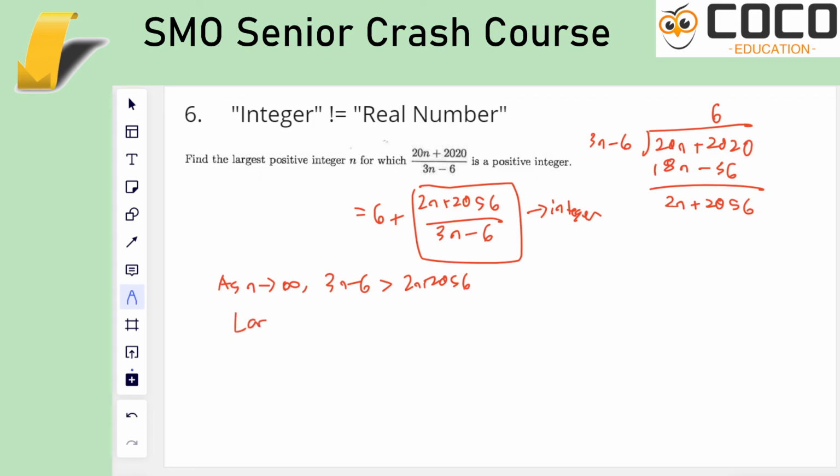And so the largest would be the point when they are equal. The point when they are equal is the last time where it would actually meet. So this must be the place, because after that, they're never going to meet again. It's going to be stranded between 0 and 1 because the bottom is going to increase by 3, the top only increases by 2.